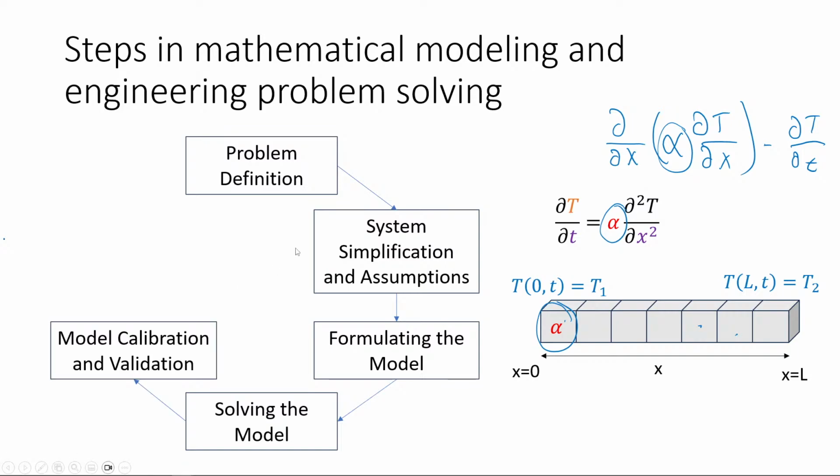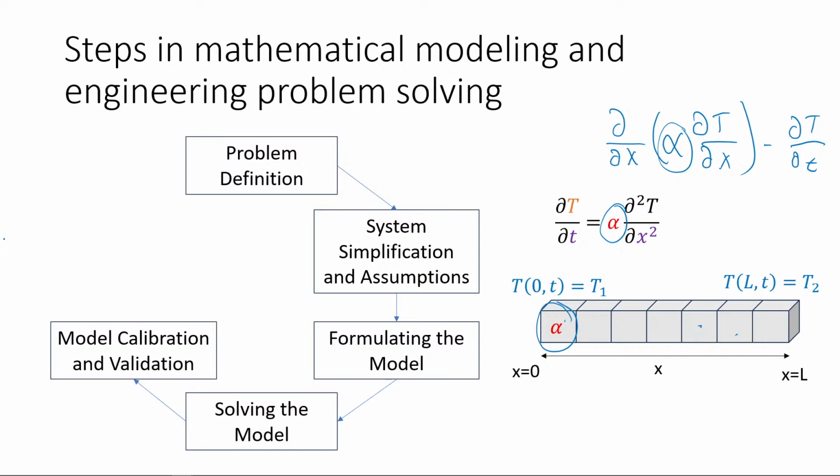And then after you solve your model and your model is running, you need to calibrate these models. So, for example, how to calibrate this model? Model calibration means that whatever your model is simulating or producing should match what you are observing in the actual system.